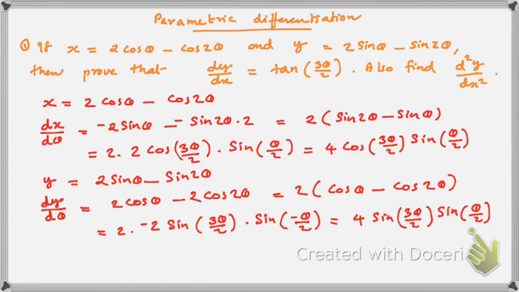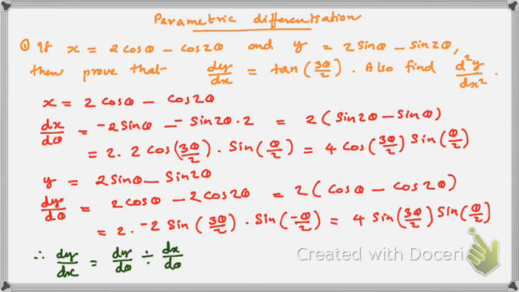So we found dx by d theta here, and now we found dy by d theta, and so I can find out dy by dx. Dy by d theta should be divided by dx by d theta. So my dy by dx is dy by d theta divided by dx by d theta.